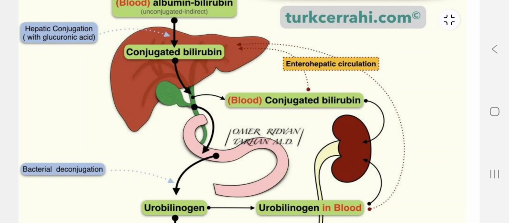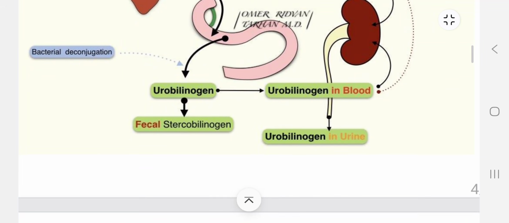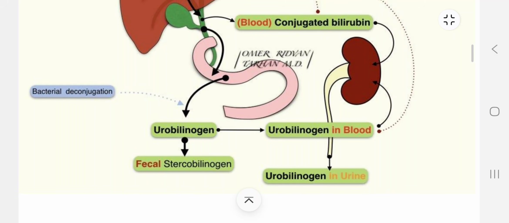This bilirubin taken up by the enterohepatic circulation will undergo further metabolism to form urobilinogen and will be excreted in the urine. The remaining conjugated bilirubin which has entered the ileum and been acted on by the colonic bacteria will undergo transformation and form stercobilinogen, which gives stool its color.